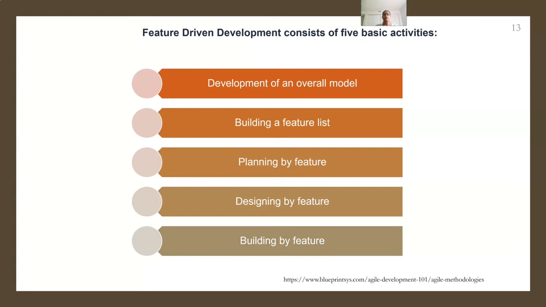If it takes more than 2 weeks to build a feature, it will have to be broken down into smaller features. So, as already told, it has to be in small chunks. FDD's main purpose is to deliver tangible, working software in a timely manner, and it has to be done repeatedly.